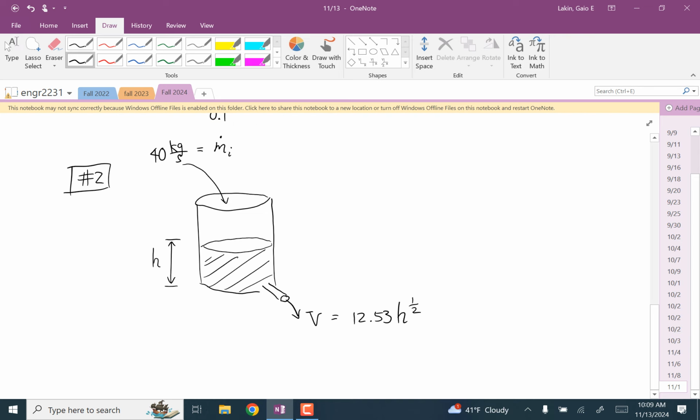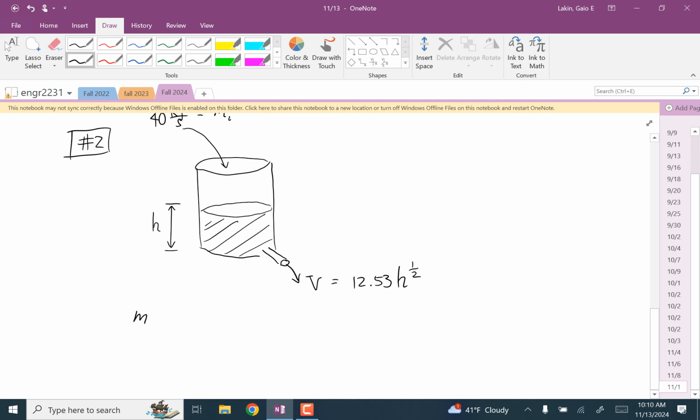This is not the mass flow rate out yet, but the mass flow rate out is equal to the area, and that is given somewhere, 0.005, times the speed divided by the specific volume coming out, and that's given.